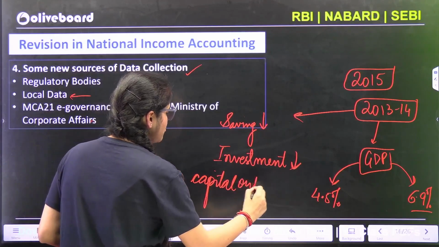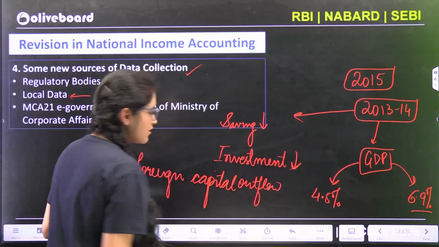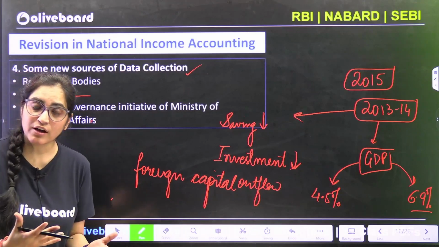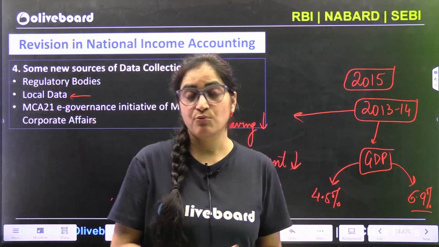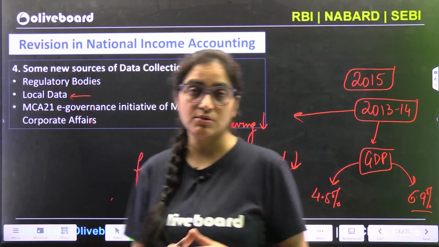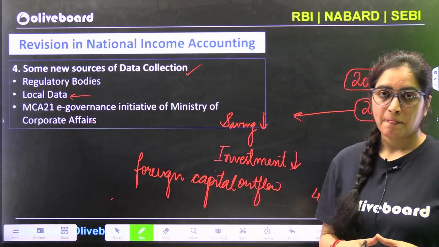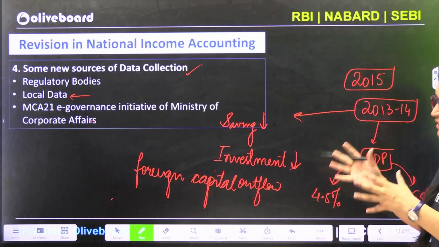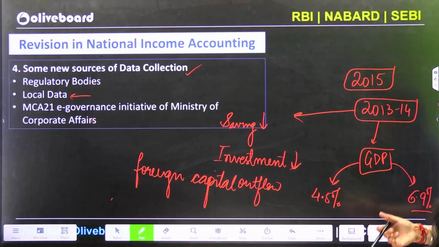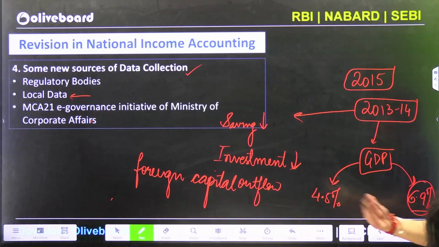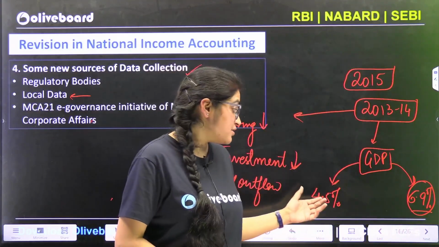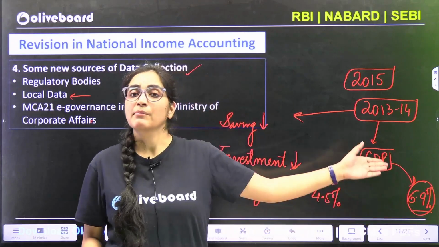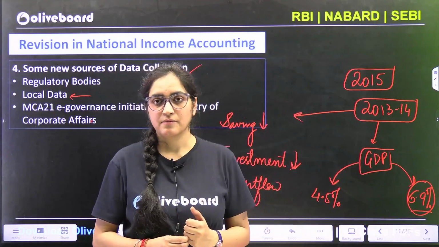Foreign capital was moving out of India, and when foreign capital moves out, the rupee depreciates, and when the rupee depreciates, there is a problem in the economy. These things were happening, and this was not being shown by the new GDP calculation. In fact, the calculated GDP was on the higher end.